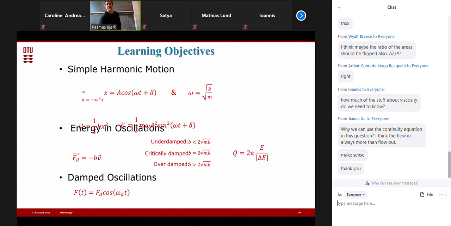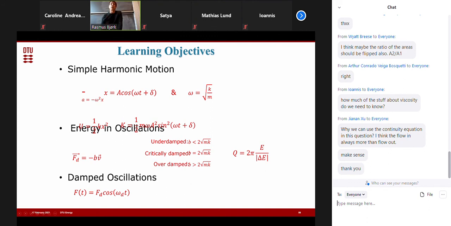And with that being said, if we go to our learning objectives and what we were focusing on, we basically had simple harmonic motion. And then we had our distance anywhere within a spring as a function of time, with this sinusoidal equation we have right here.